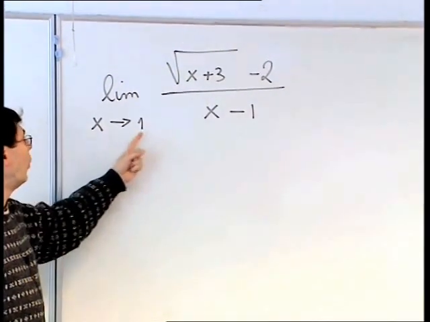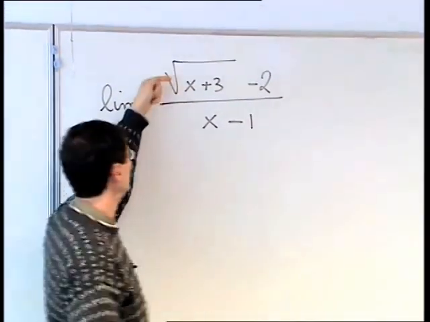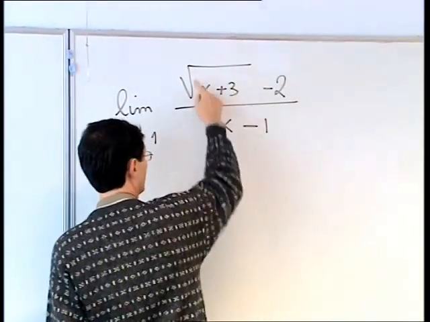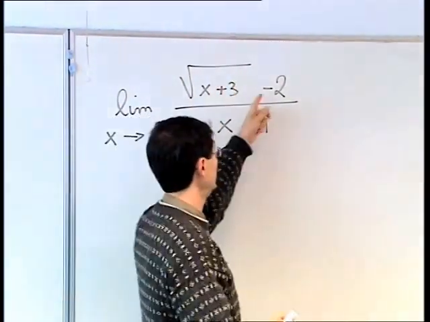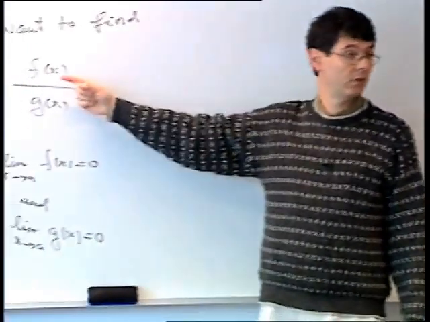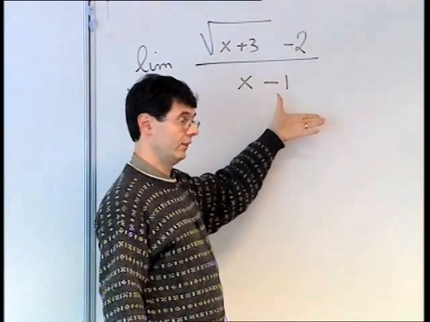X is going to become 1. What happens in the numerator? In the numerator, you have 1 plus 3, 4. Square root of 4, 2. Take 2, 0. So that's the f. The limit of the numerator is 0. In the denominator, x goes to 1. 1 minus 1, 0. Denominator, 0.